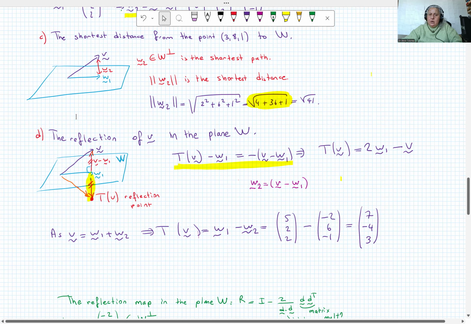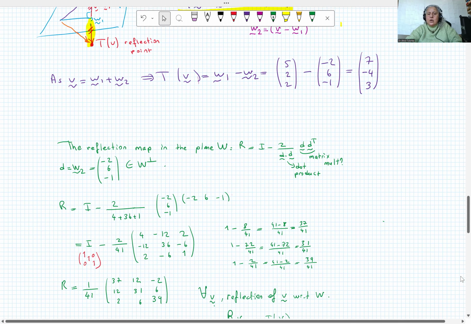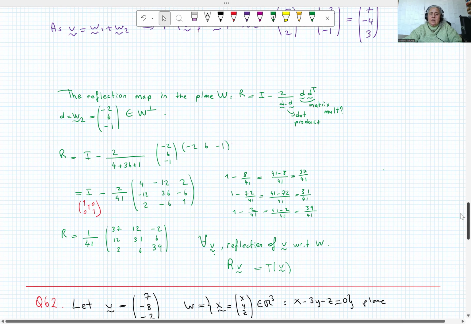You can also calculate the reflection by using a formula which is given to you in your lecture. So this is the formula for the reflection map in the plane W. Call this map R, so that's a matrix. And this is an identity matrix, whatever the dimension. Here we are dealing with three-dimensional Euclidean space, so this is the 3 by 3 identity matrix.